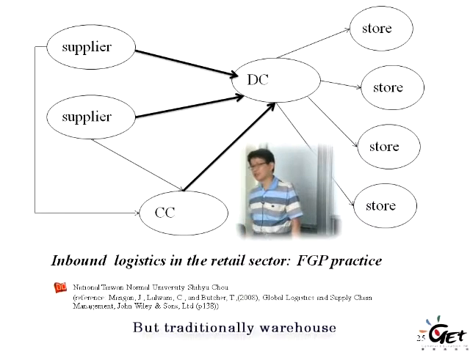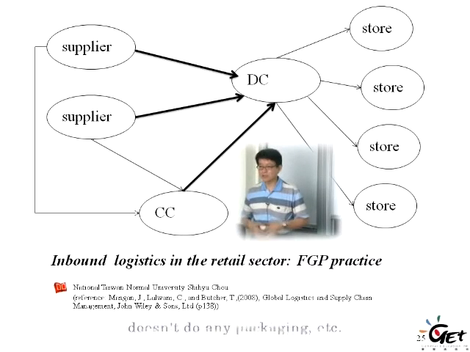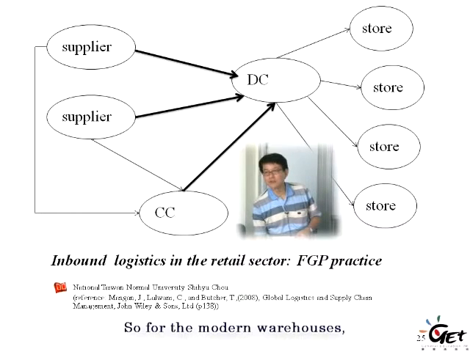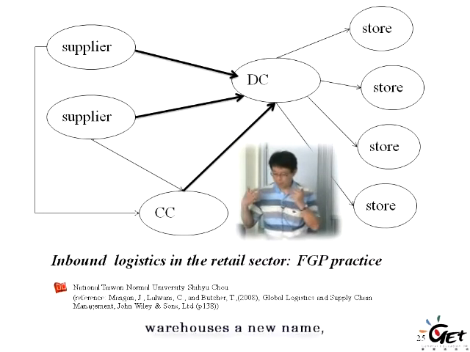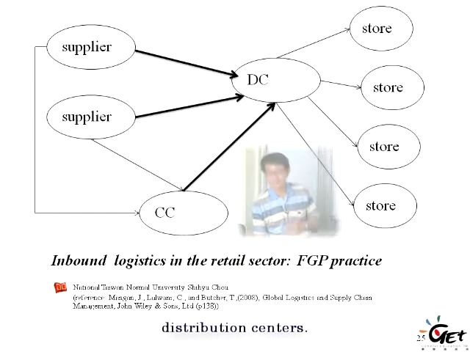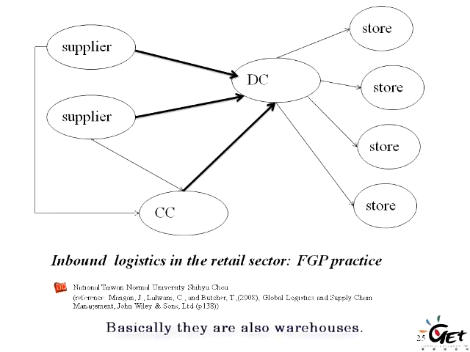But traditionally, a warehouse doesn't do any processing or packaging, etc. So modern warehouses have additional functions, and we give these newer warehouses a new name, distribution centers. Basically, they are also warehouses. Actually, the consolidation centers are also warehouses. We just give them different names because they have newer functions.